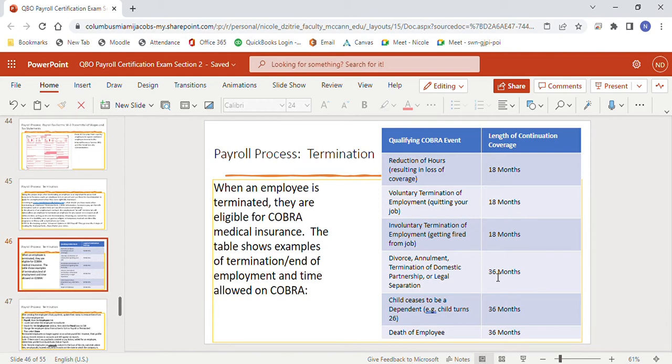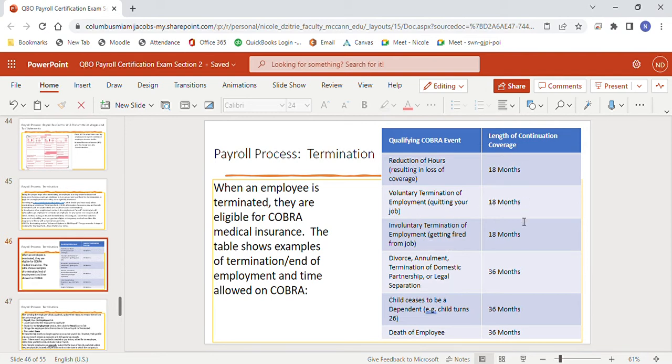When an employee is terminated, they're eligible for COBRA medical insurance. The table here shows examples of termination, ends of employment, and the time allowed. Basically, it's going to tell you if you got fired or let go, laid off, furloughed, or if you willingly quit, and here if you got fired, you're going to get 18 months of COBRA.